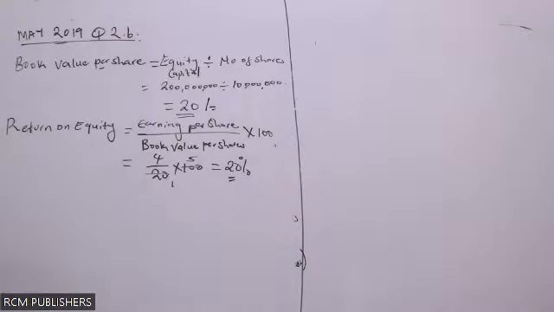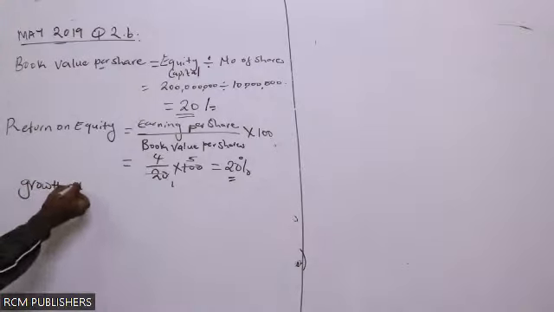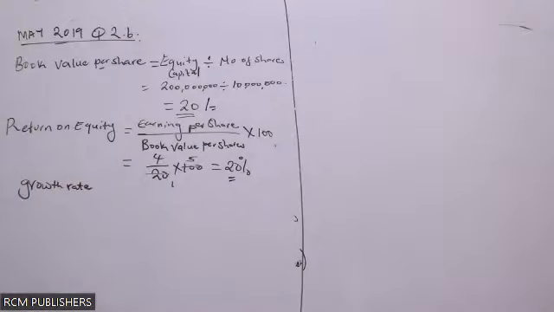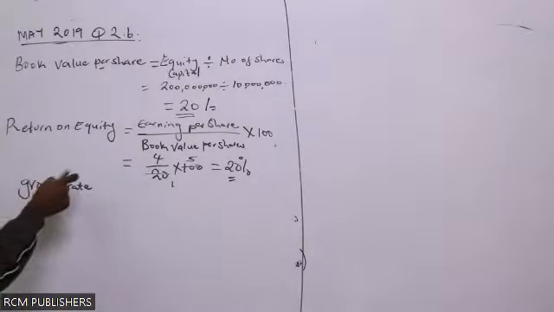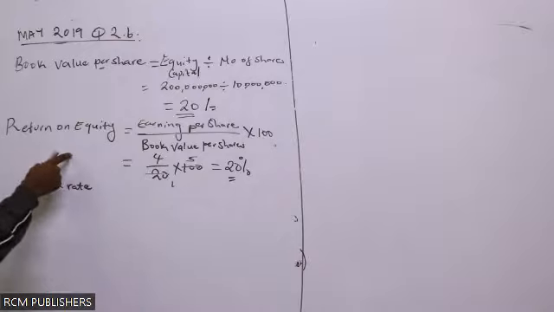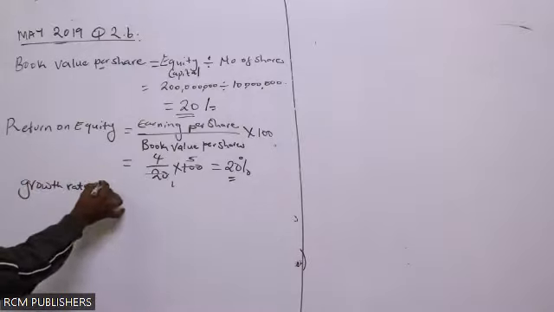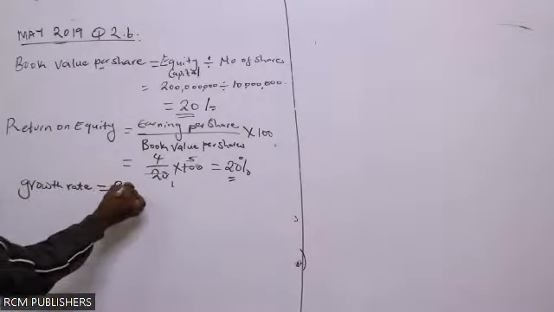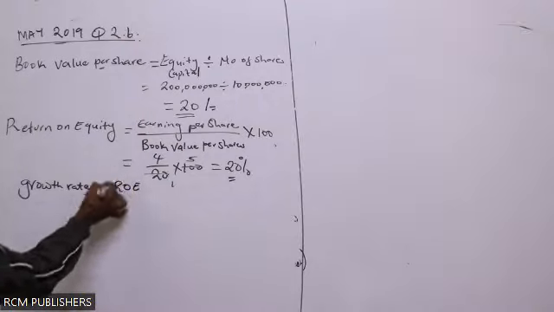How do we get the growth rate? So that we are able to go to our formula, the growth is equal to the ROI we have found here. You had this term; I don't know if you remember it.